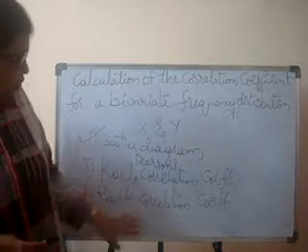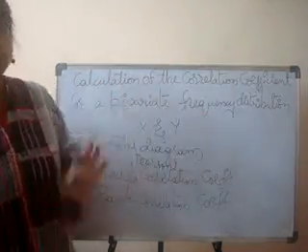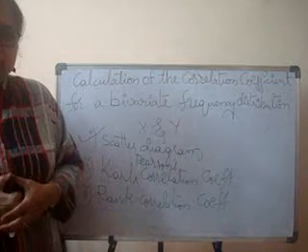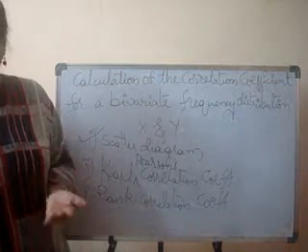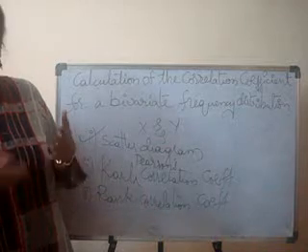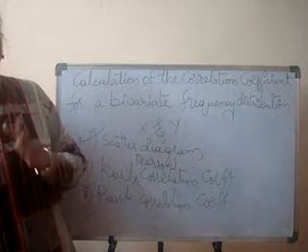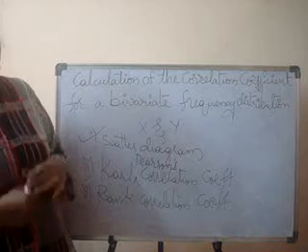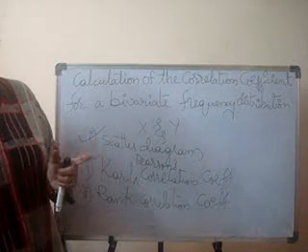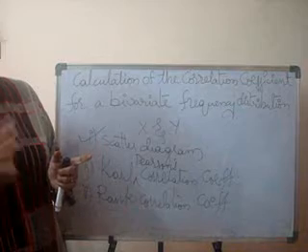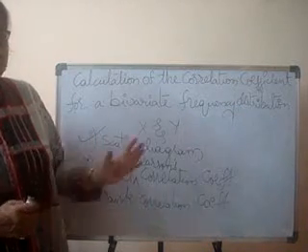Now, if the data is grouped data, the fourth method is the bivariate frequency distribution. If the given data is very large, x and y are very large, then we can group them into class intervals, x class intervals, y class intervals, and arrange this grouped data in a two-way table.